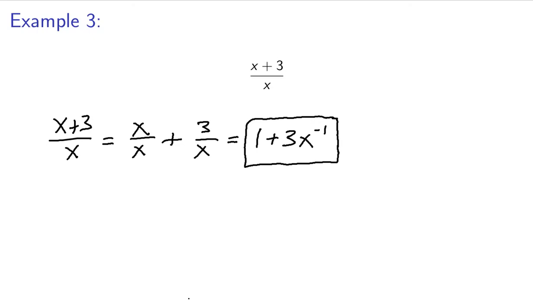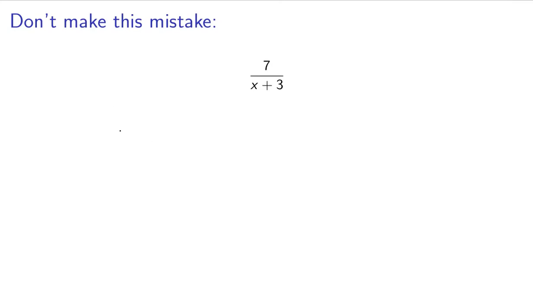Now, don't make this mistake. When you have 7 over x plus 3, don't make the mistake of saying this is 7 over x plus 7 over 3. This is not correct.